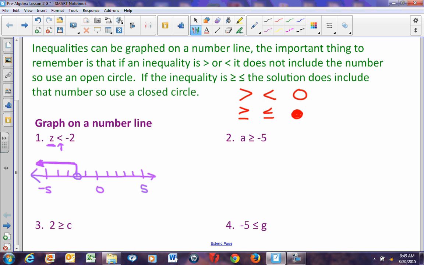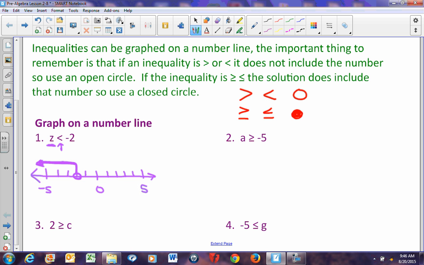Me personally, I prefer to draw my graphs. You have to graph the number on the number line, like the -2 is on my number line. But I like to graph my graphs above the number line because they're easier to see. Just easier to read, and it's definitive of whether or not you've colored in the circle.